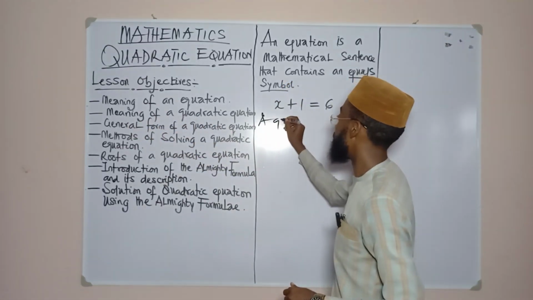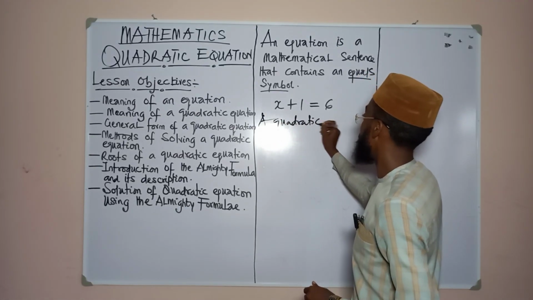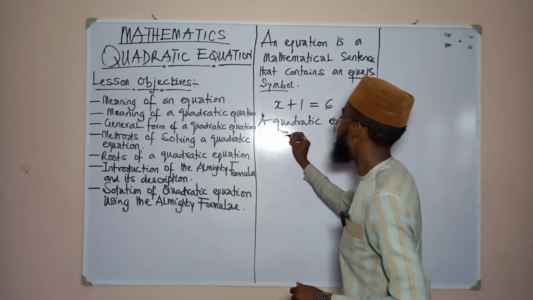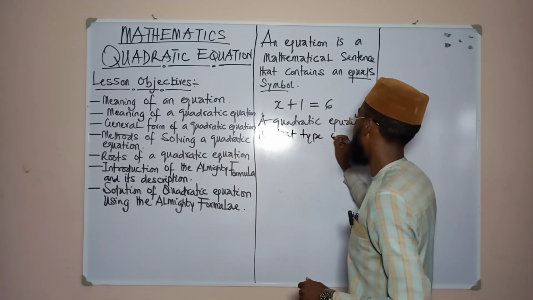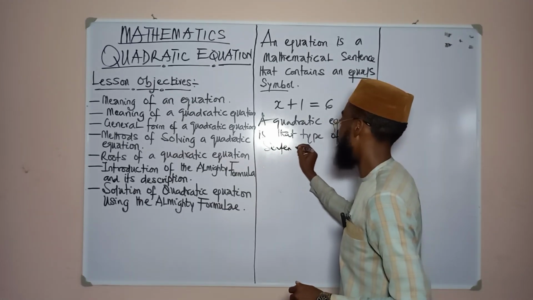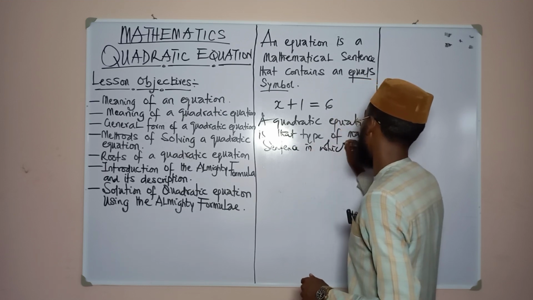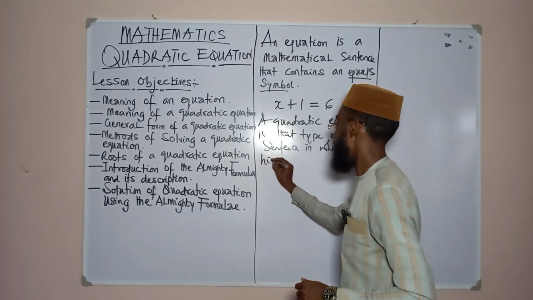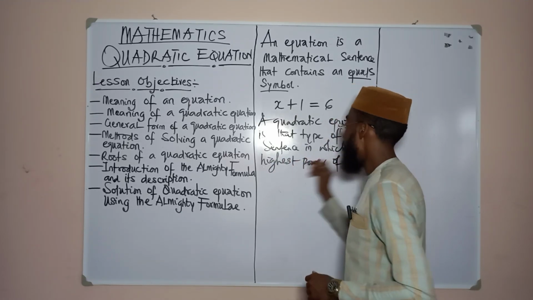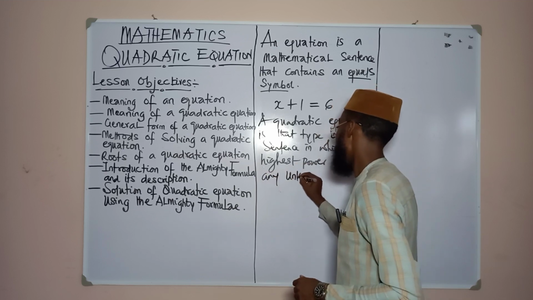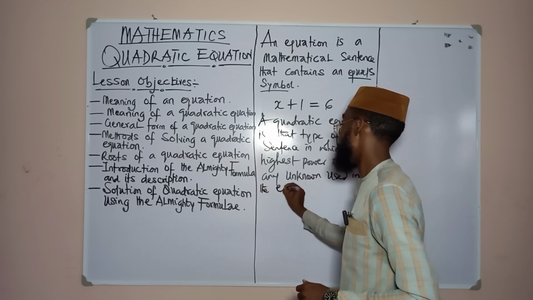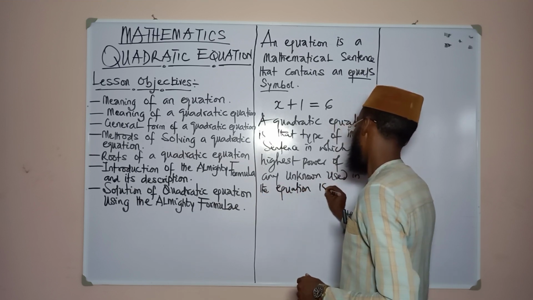A quadratic equation, simply put, is that type of equation or math sentence in which the highest power of x or any unknown used in the equation is 2.